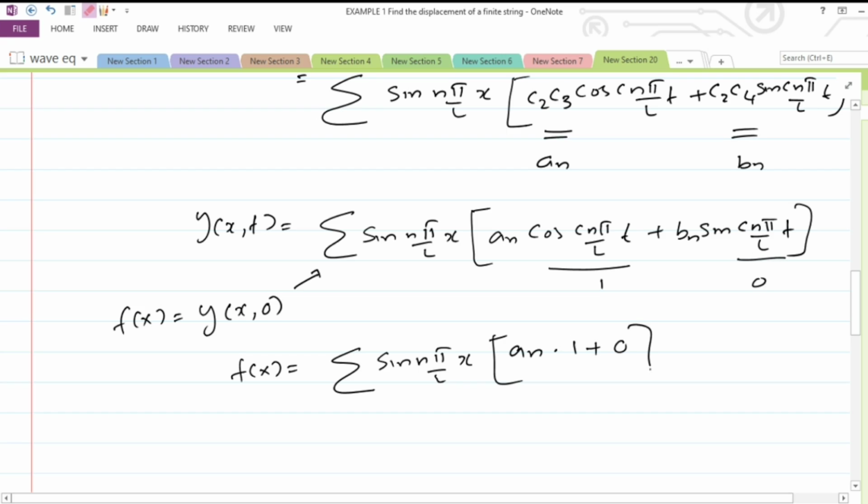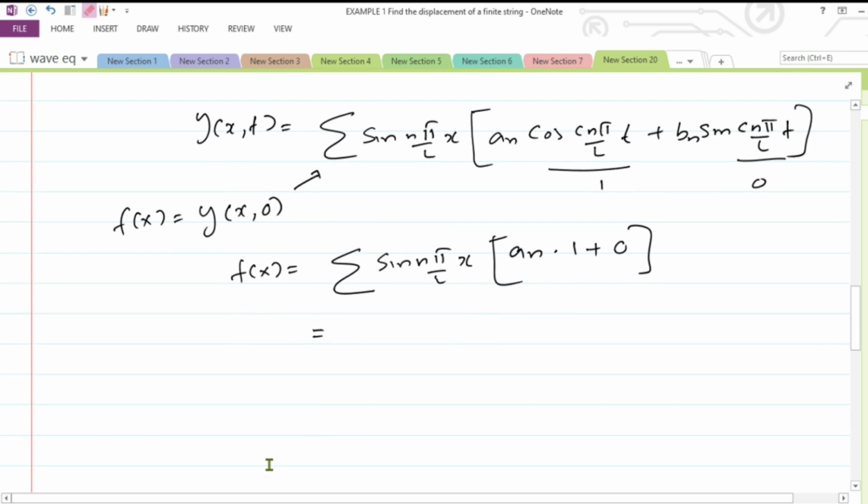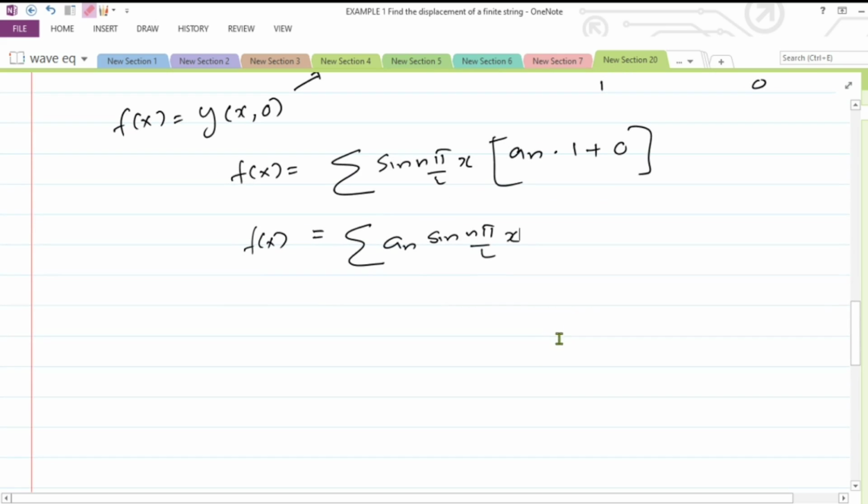So we get f of x is equal to sigma an into sine n pi by l x. So this is clearly the Fourier sum of sines.